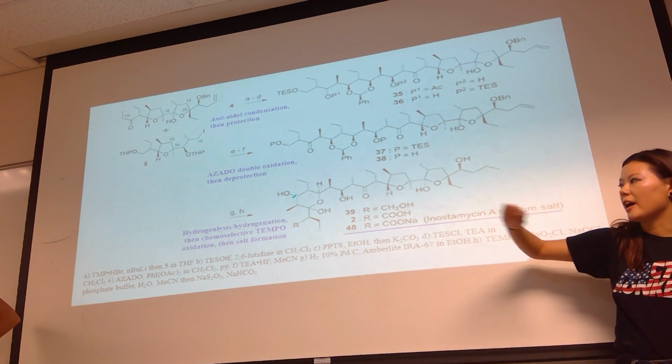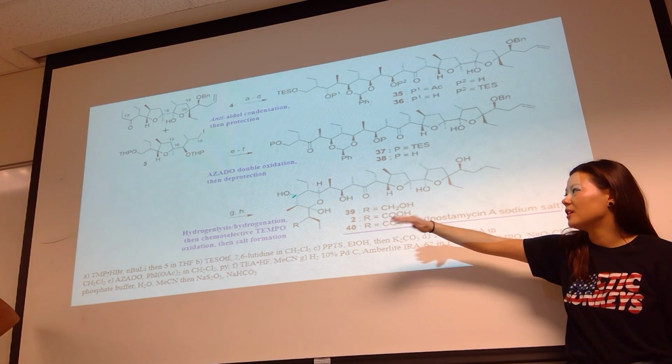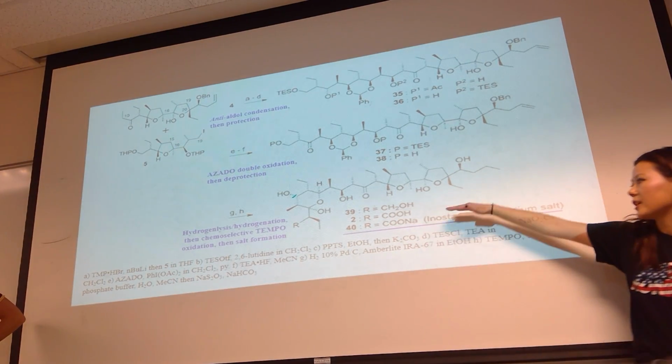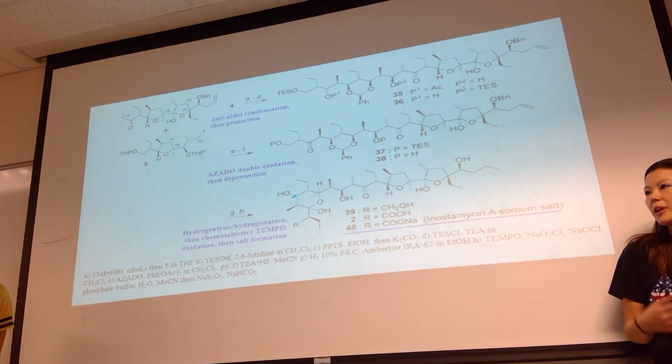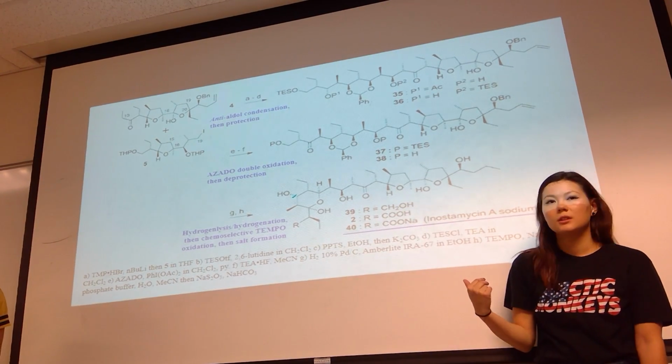And then there's hydrogenation, and then chemoselective TEMPO oxidation to form their target of 2. And 40 is a salt formation as well that wasn't necessary to hit the target.